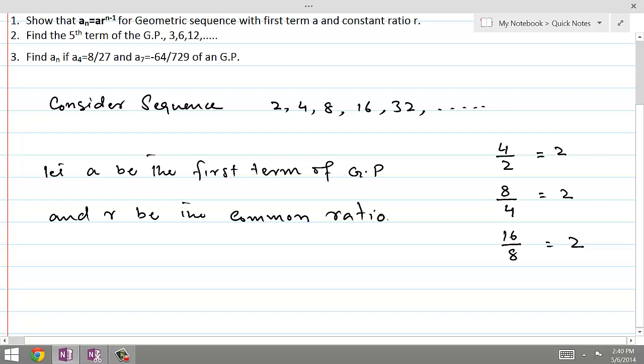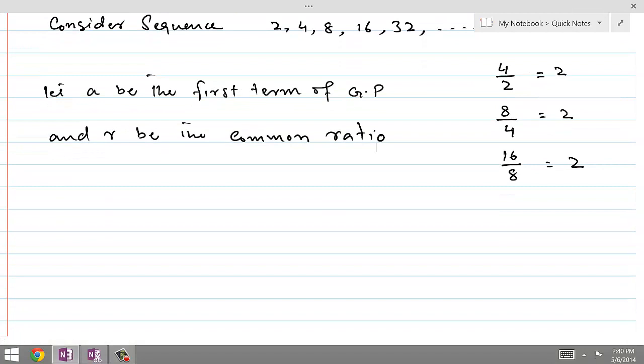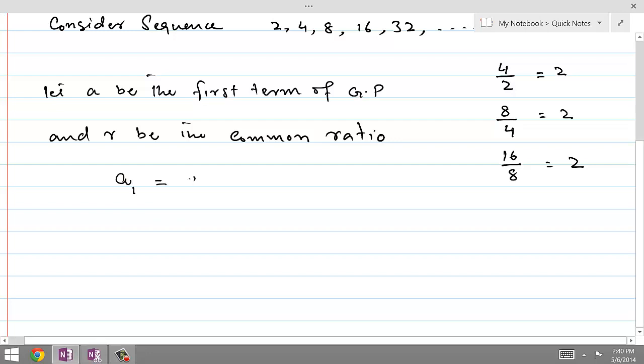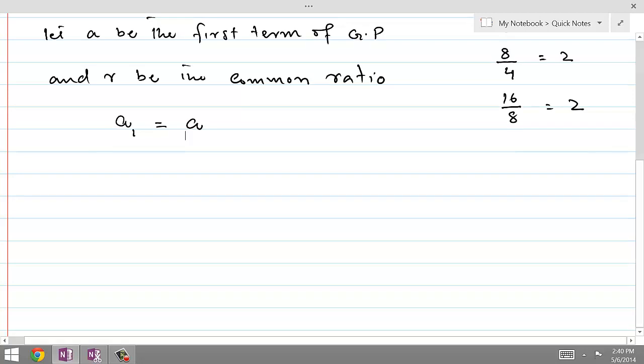Then what would be the first term? We already said that A is the first term, so A1, where the subscript 1 denotes the first term, is A. And if the common ratio is R, then the second term can be obtained by multiplying R with the first term. So A times R will give us the second term.